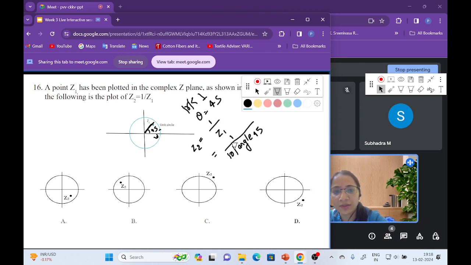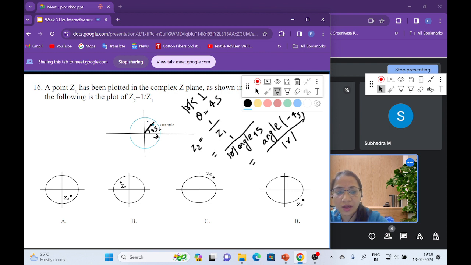So 1 by Z1 is equal to 1 by mod of R and angle 45 degree. So if we take the angle to the upper side, the angle will be minus 45 degree. Okay. Angle minus 45 degree divided by mod of R.